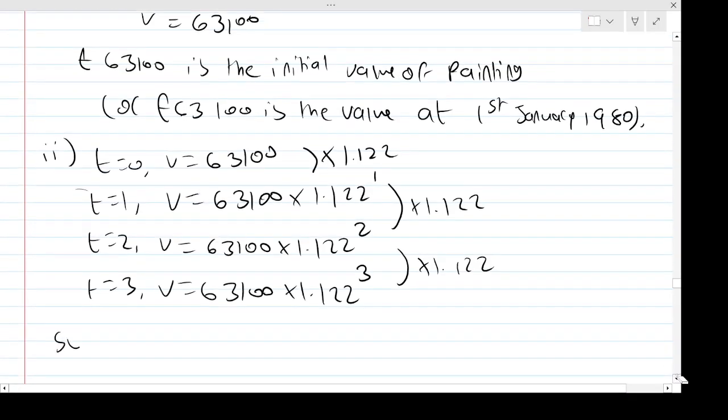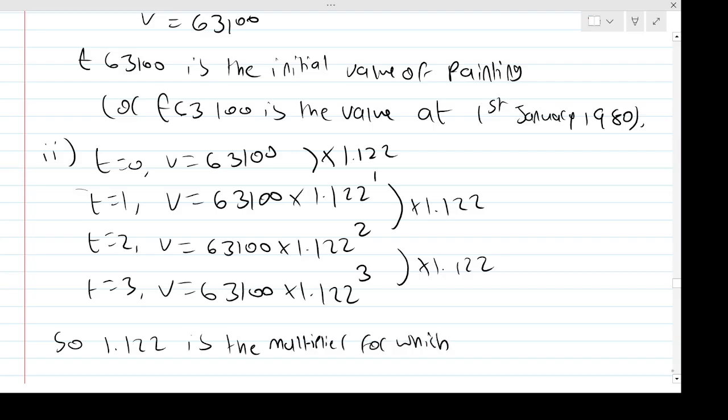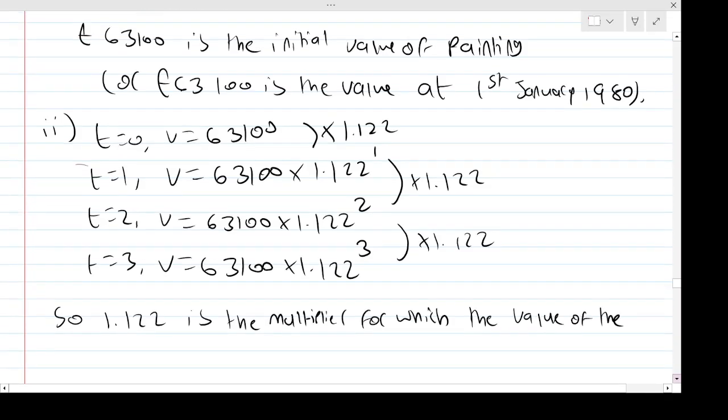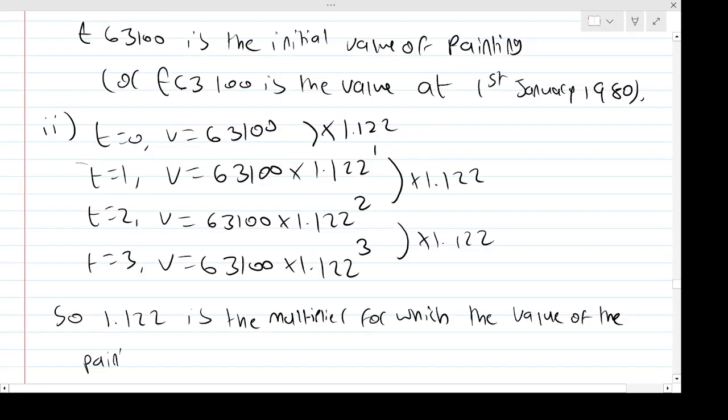So 1.122 is the multiplier for which the value, the V, which is the value of the painting, is multiplied by every year.